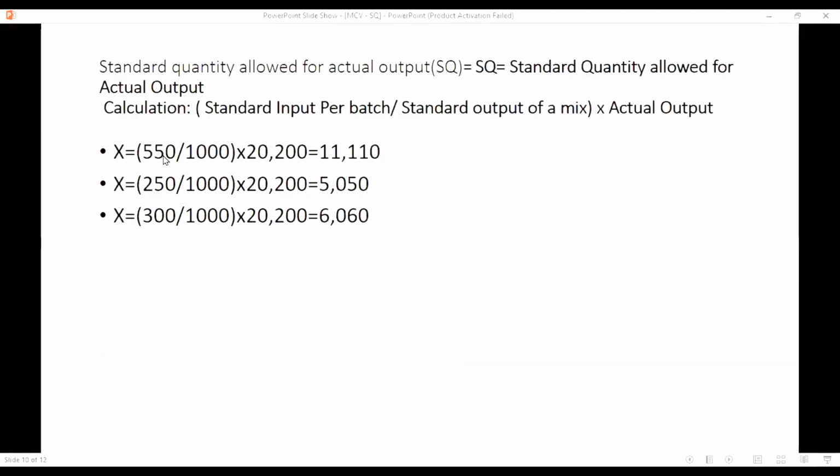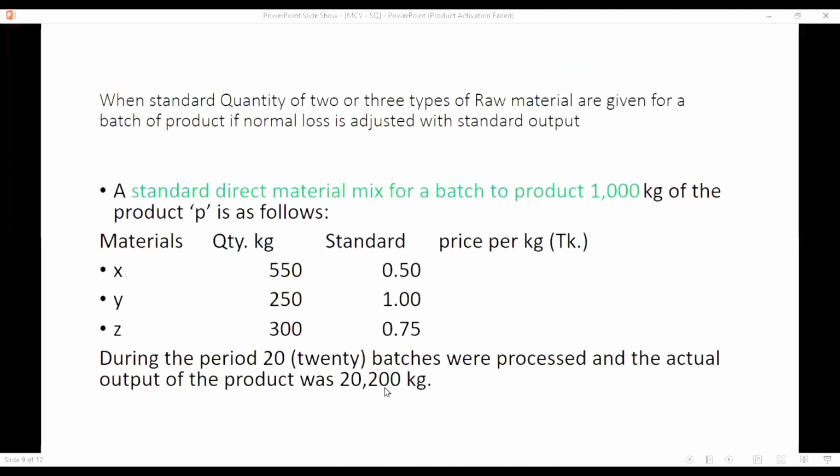Putting the figures, we get 11,110, 5,050 and 6,060. These are standard quantity allowed for actual output to produce 22,200 kg.